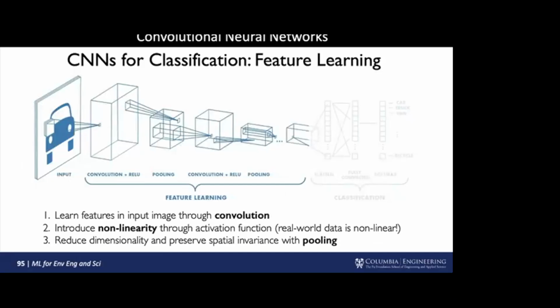Then we use pooling to reduce dimensionality and make the features more robust to small shifts. By stacking these blocks, the network learns increasingly meaningful representations. Once the features are learned, we flatten them and pass them to fully connected layers. Finally, a softmax layer produces class probabilities for classification.